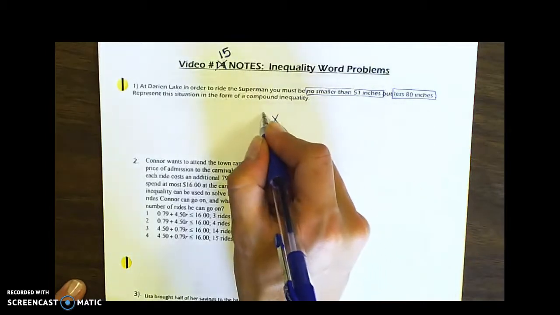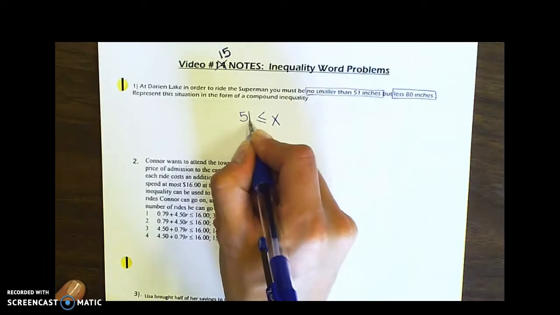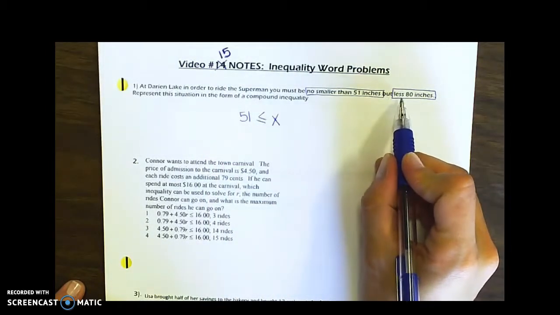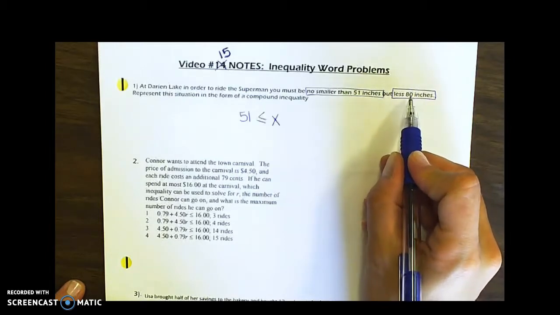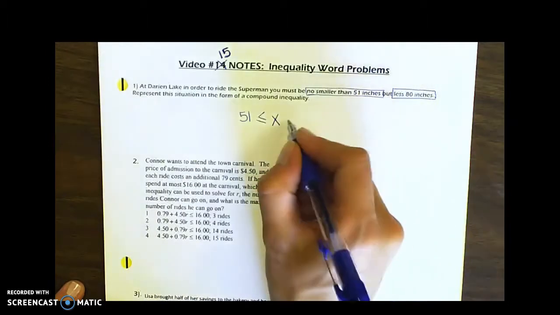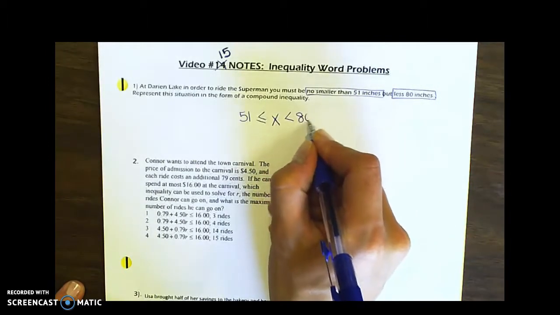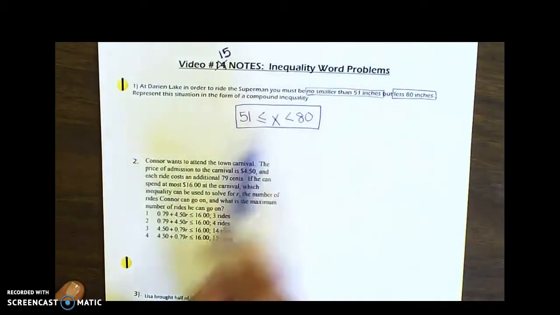So that means x has to be greater than or equal to 51. Now it says you have to be less than 80 inches. Are you allowed to be equal to 80 inches? Nope, you have to be less than 80. So this would be less than 80. And at this point, we have now written our compound inequality.